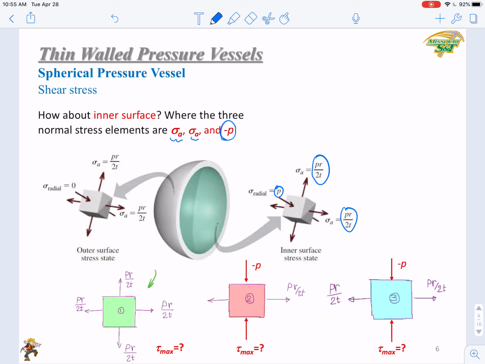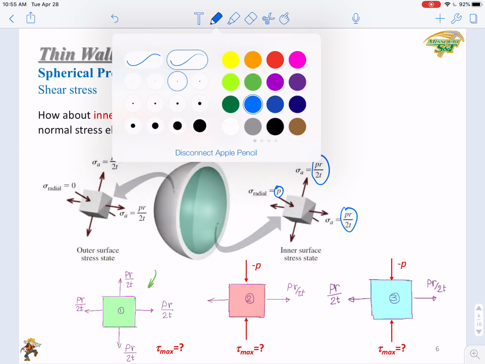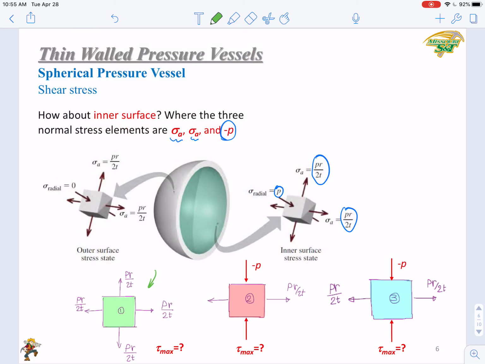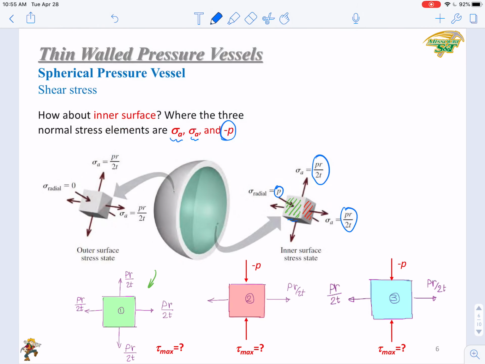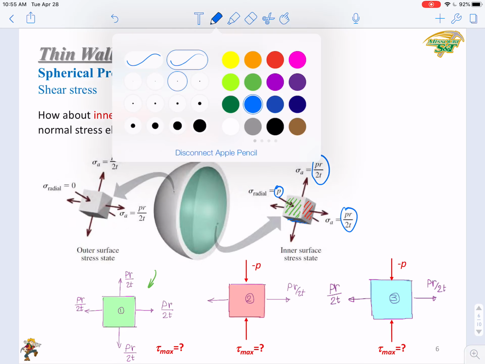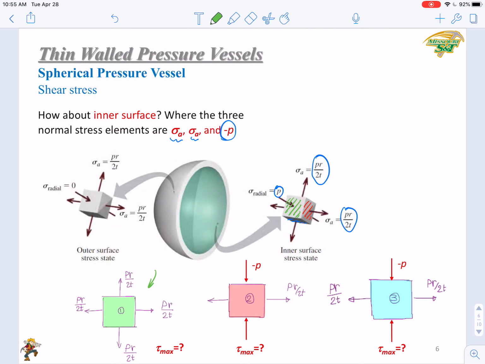Again, we can divide this scenario into 3 cases: the green colored plane, red colored plane, and the blue colored plane. Now let's look at case 1 first.